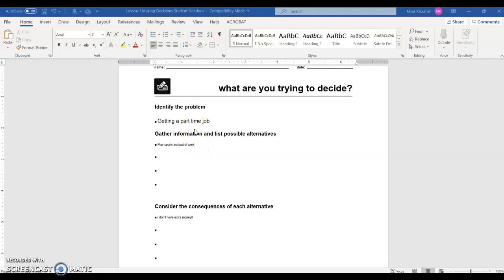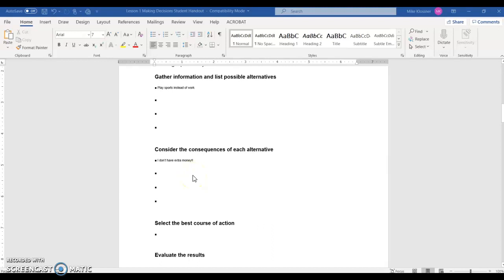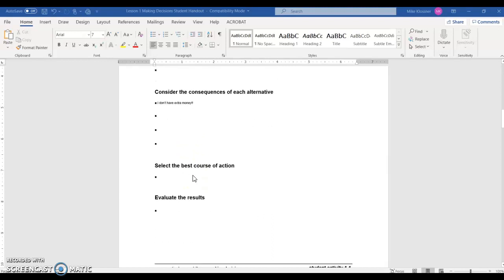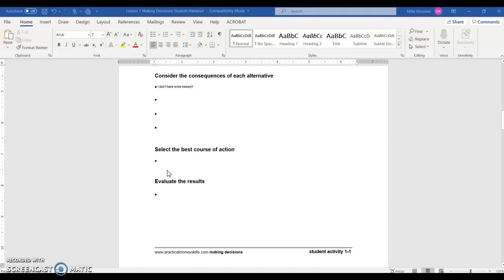I gave you the example of a part-time job, gathering information, listing alternatives, considering the consequences of each alternative, and then making your decision and selecting the best course of action. Once you make that decision, you're going to evaluate the results.